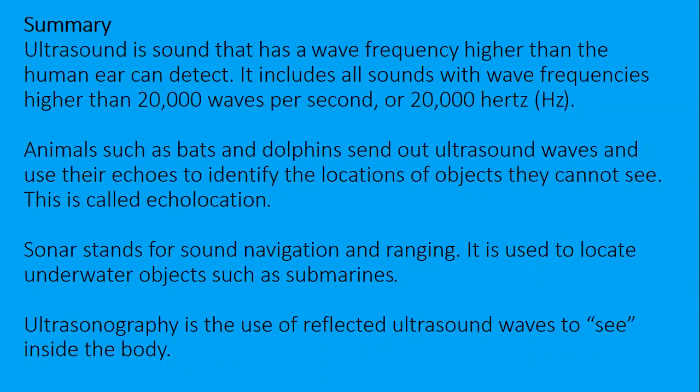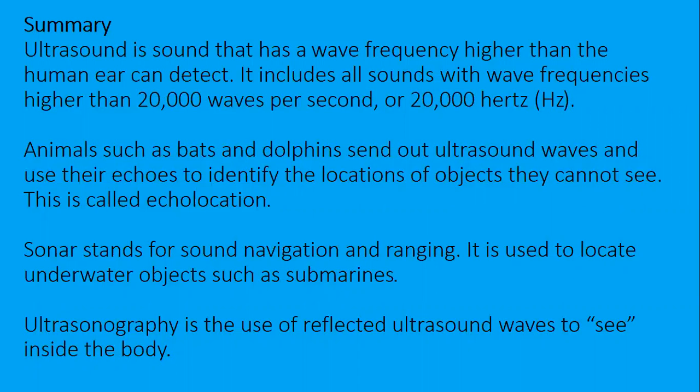So, in summary, ultrasound is sound that is a wave frequency higher than the human ear can detect. It includes all sounds with wave frequencies higher than 20,000 waves per second, or 20,000 hertz. Animals, such as bats and dolphins, send out ultrasound waves and use their echoes to identify the locations of objects they cannot see.